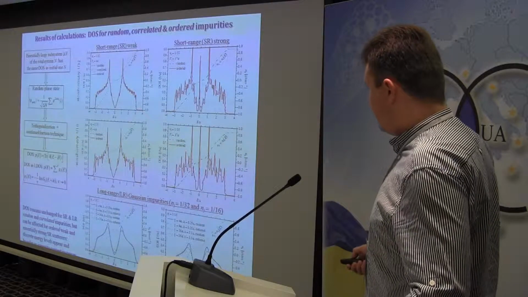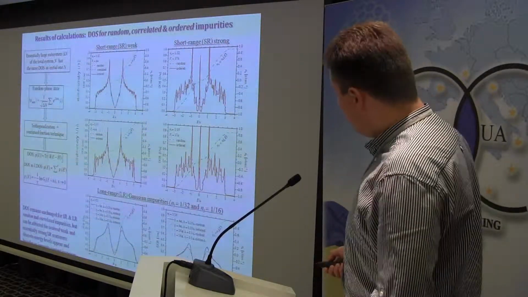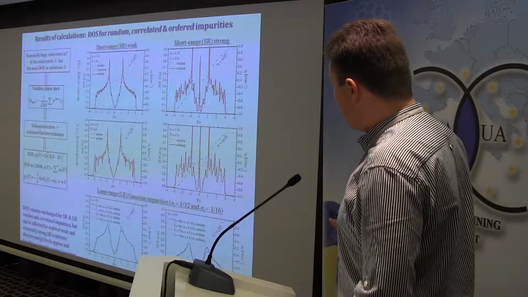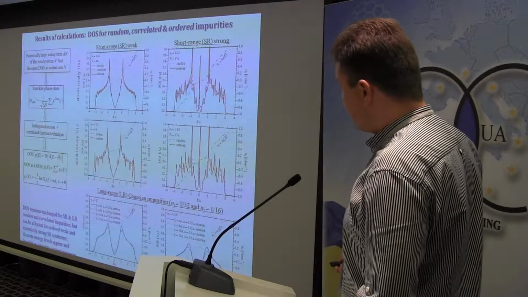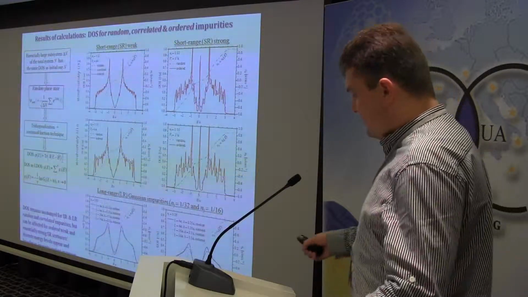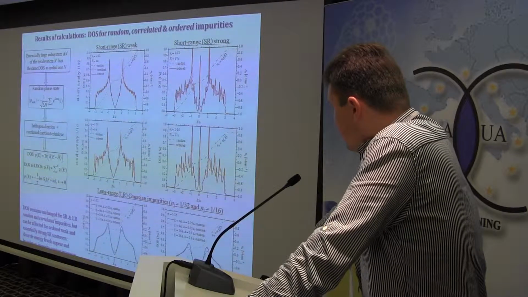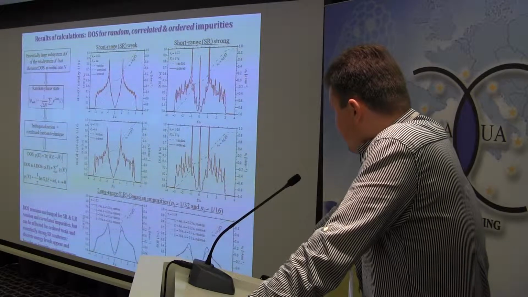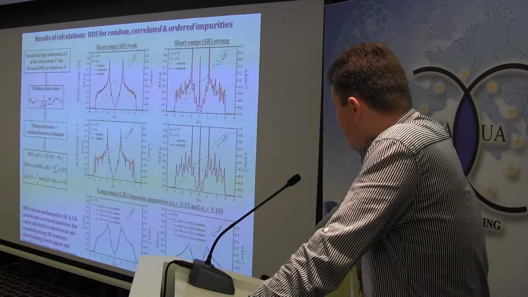Now we go to the results. First of all, we calculated density of states for these different configurations of point short-range defects, for weak defects and for strong defects, that is, for weak scattering and for strong scattering. And you can see that density of states remains unchanged for short-range and long-range random and correlated impurities, but it can be essentially affected for ordered and especially for strong scatterers.